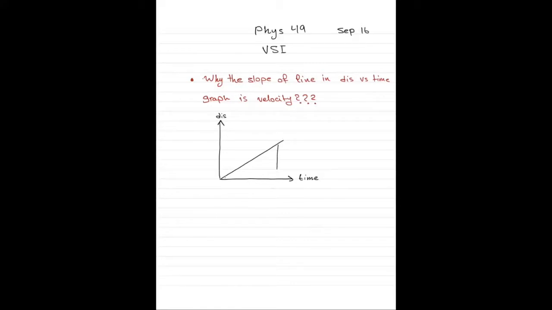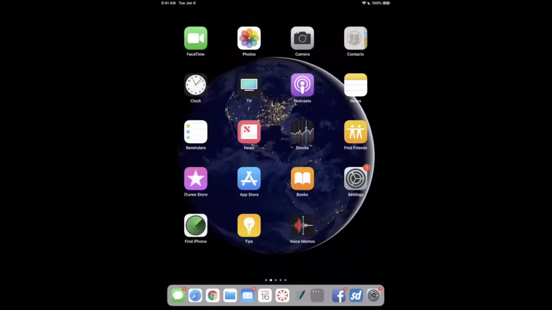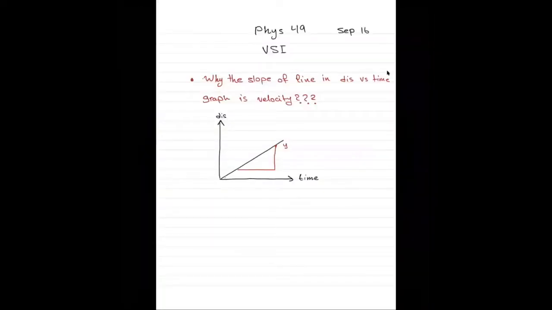So this is my rise, and this is the run. We can calculate the rise by subtracting the lowest point, y1, from the highest point, y2.